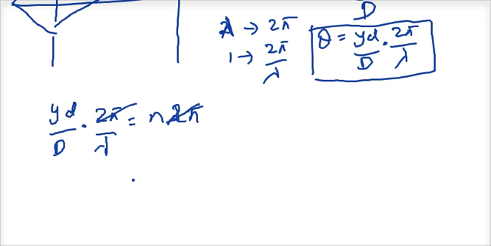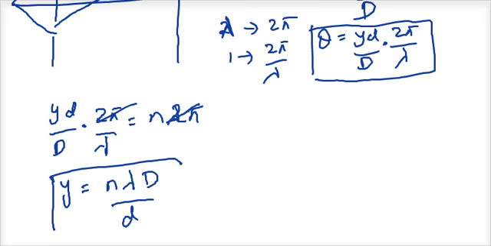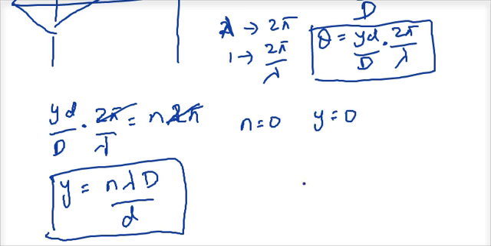So the 2 pi gets cancelled, and I'll get y is equal to n lambda capital D by small d. That means at all these points on the screen, I have an intensity maximum. So n can be 0. If n is equal to 0, y is equal to 0. If y is equal to 0, we are talking about the center of the screen.